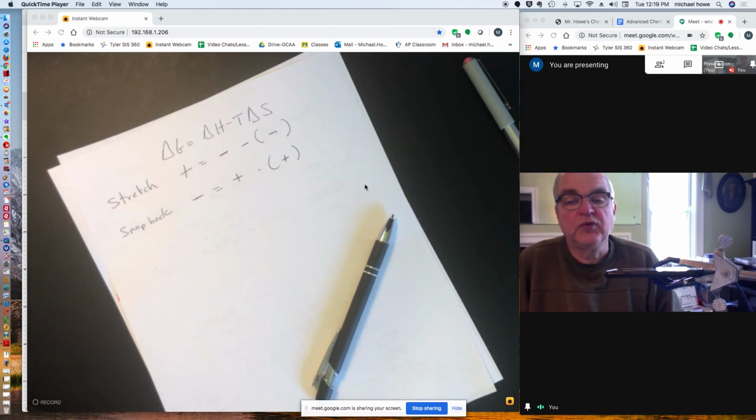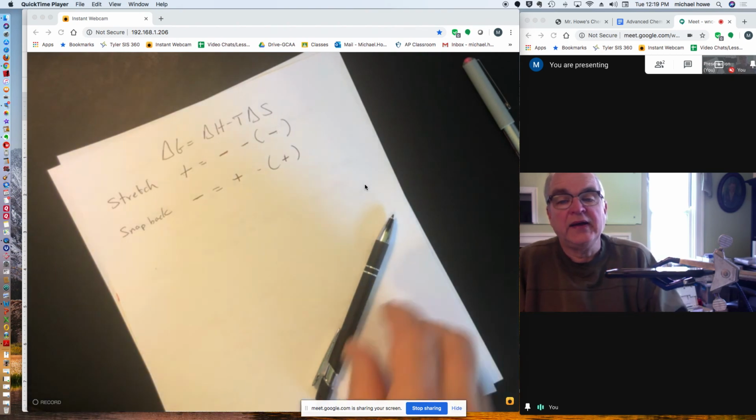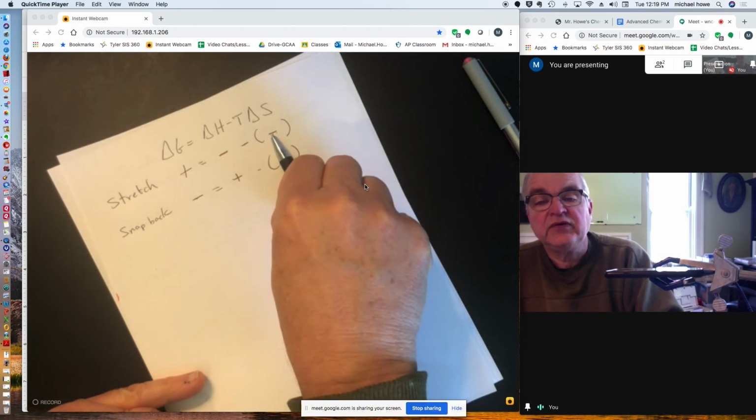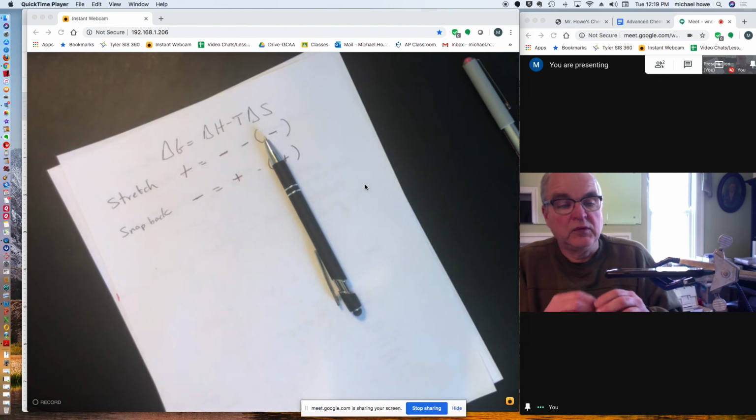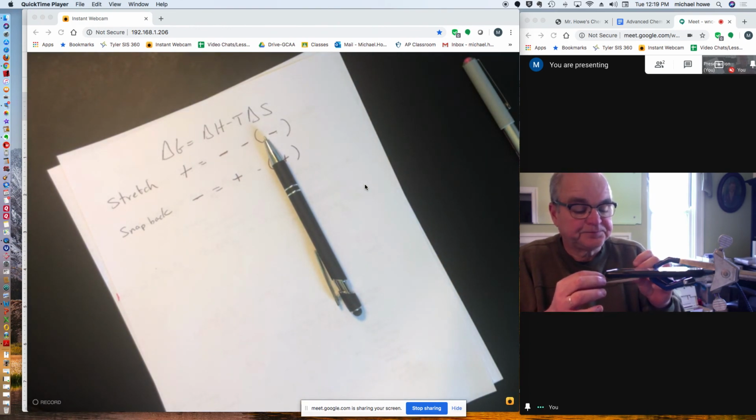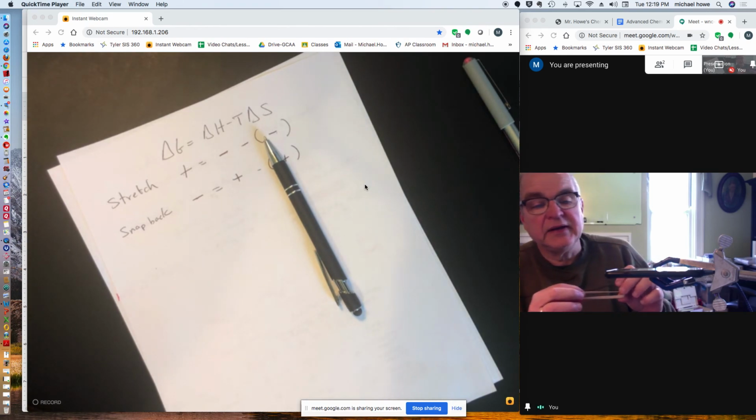And just real briefly, why is the entropy decreasing when you stretch it? Think about the rubber band being made of molecules that are like a bowl of spaghetti. So spaghetti that's been cooked, it's all tangled up.